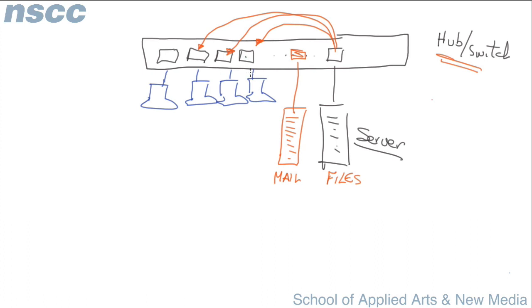So maybe this blue machine wants to get information from the mail server. Let's suppose these two are hitting the mail server quite often. And let's suppose the final 2 are hitting the file server quite often. Now the switch technology can really take an advantage of this.